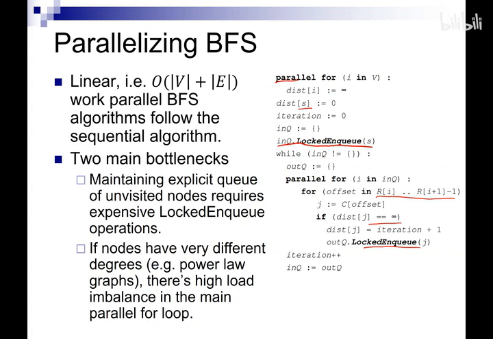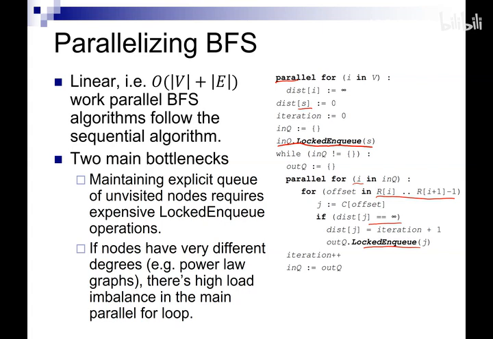The other problem is that since we're processing all of these different nodes in parallel, different nodes have different numbers of neighbors. The time that this for loop runs depends on the number of neighbors, so different threads can run for very different amounts of time. So you have a lot of load imbalance in this algorithm.